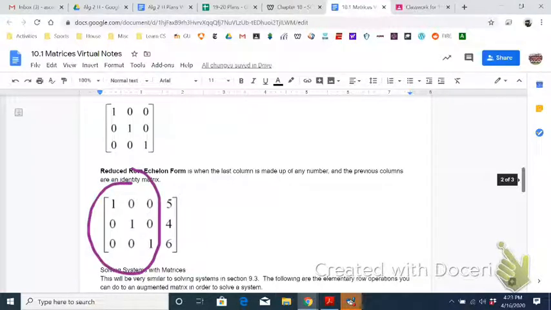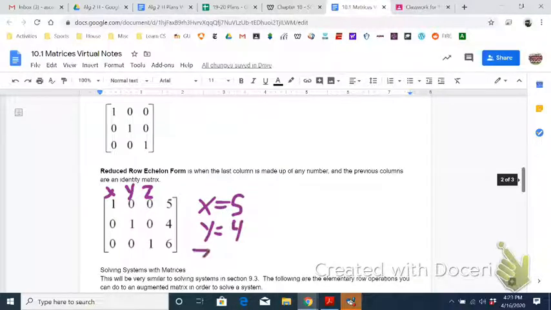And the beauty of that is you can just solve the system once you get it in this form, right? If this is the x, the y, and the z terms, if you solve the system and put it in reduced row echelon form, you would know x is 5, y is 4, and z is 6. Alright, so that's the goal when we solve the system. We want to add equations or rows of matrices to each other to get our matrix down to reduced row echelon form.